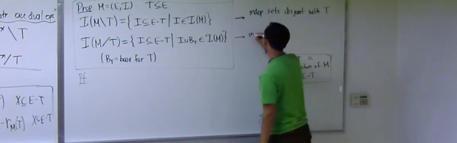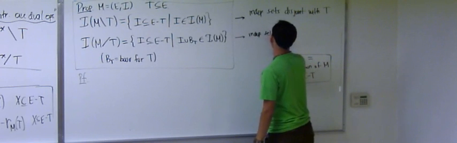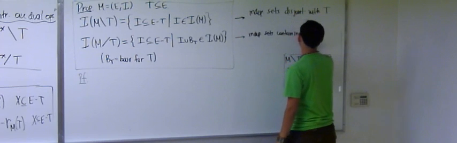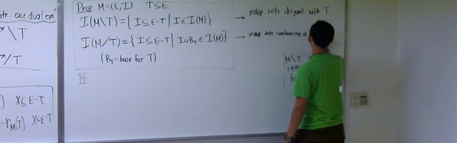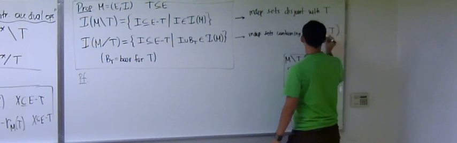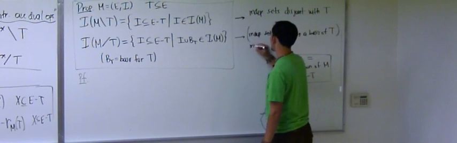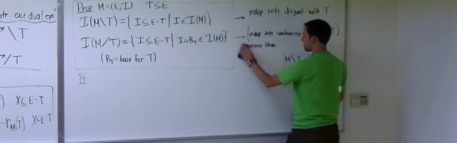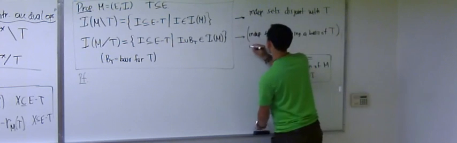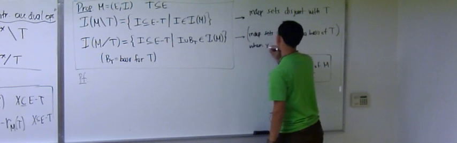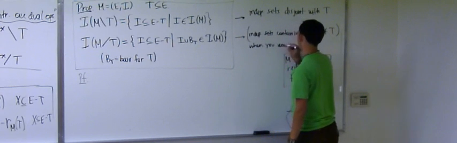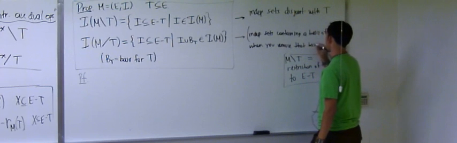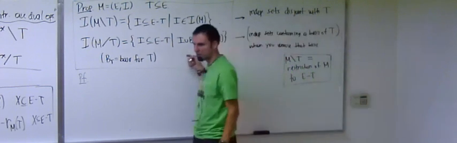So these are the independent sets containing a basis of T, minus that basis, when you remove that basis from them. So this is saying this in words.